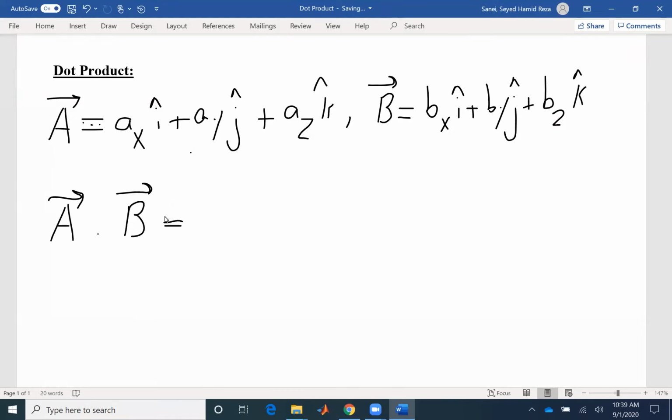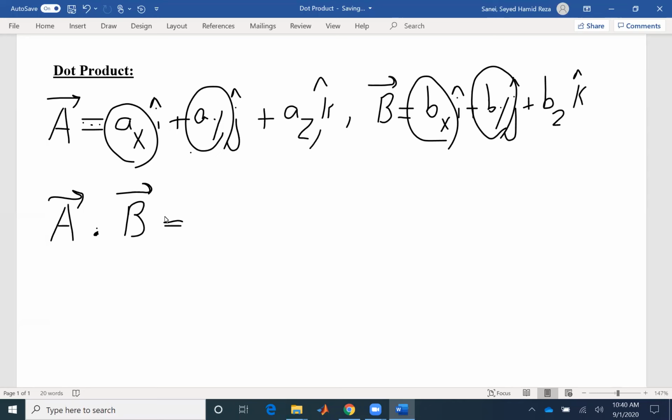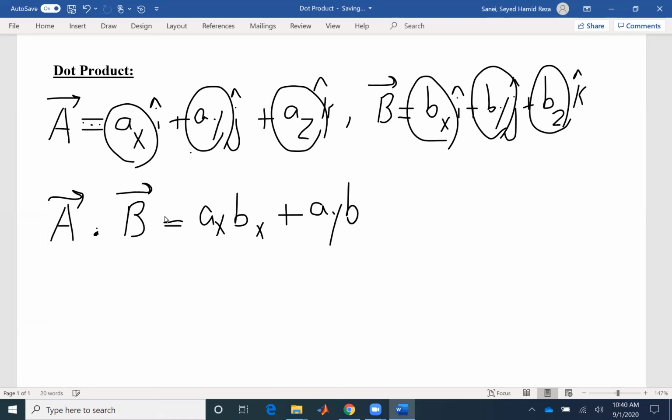So A dot B would be the first AX times BX plus AY times BY plus AZ times BZ. So that would be AX BX plus AY BY plus AZ BZ.